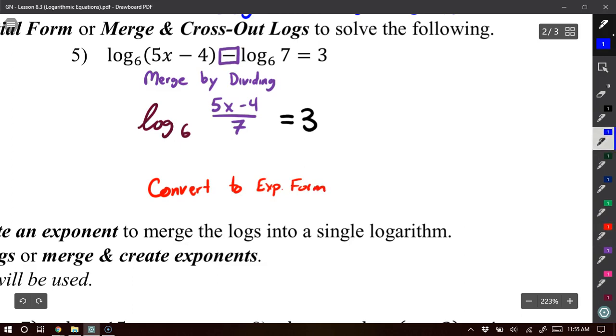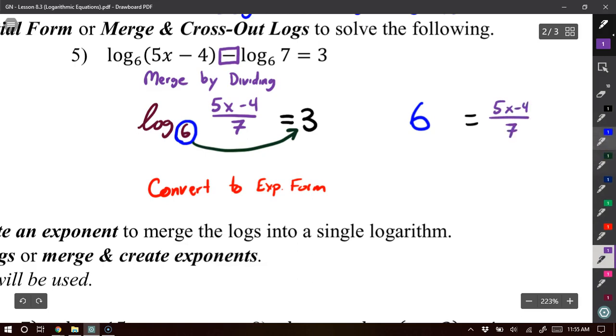And remember, when you convert to exponential form, we ask the question, what power of 6, my base, gives me 5x minus 4 over 7, and that power is 3.